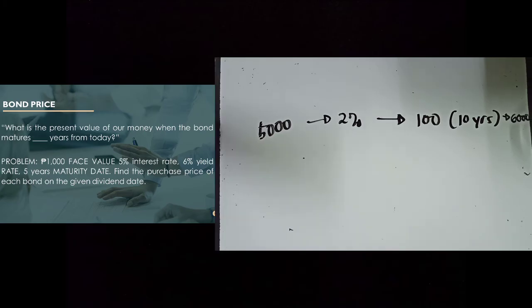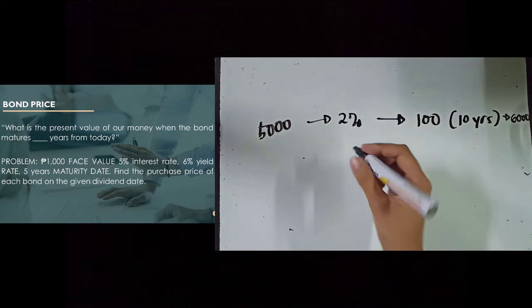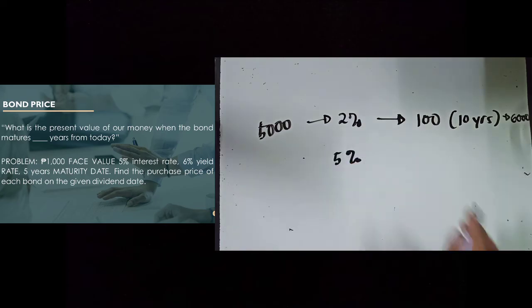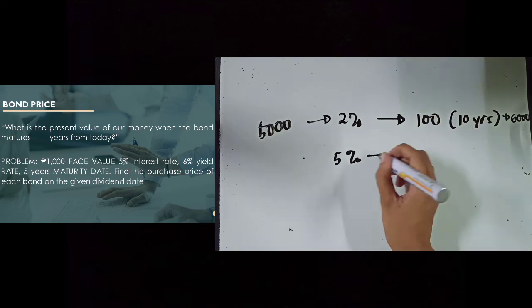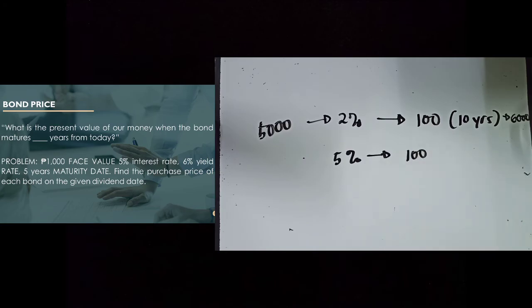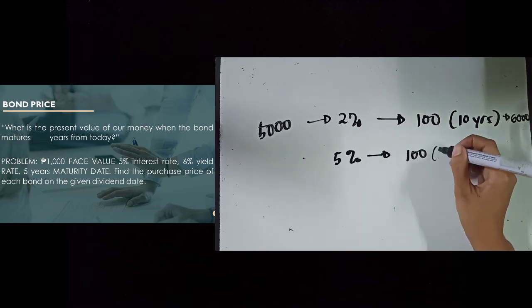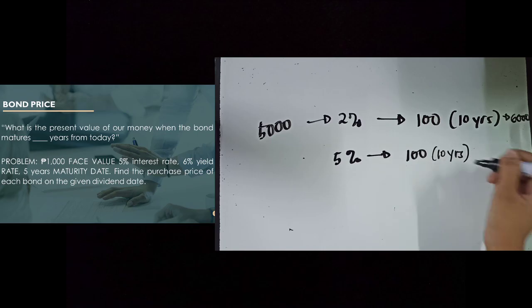Okay, so another, paano kung yung bond na yon ay nag-issue ng mayroong 7% interest or 5%? Okay? So again, for example, 5% yung interest rate. Pero, 100 pa rin yung natatanggap. 100 for 10 years. Okay?